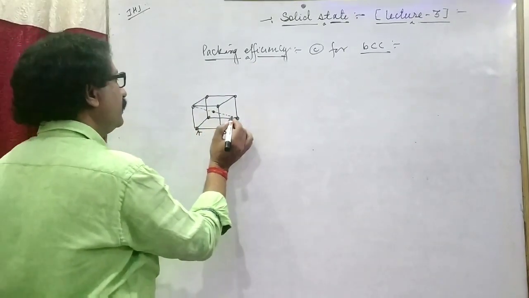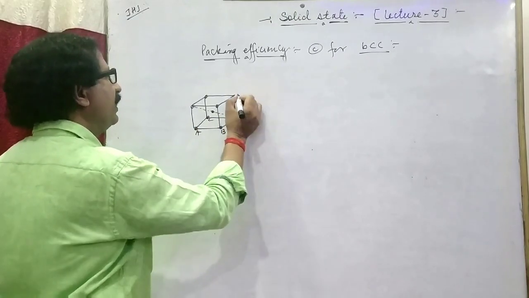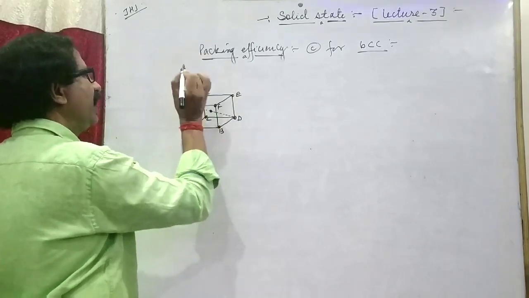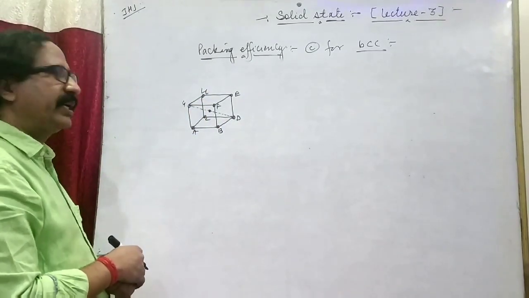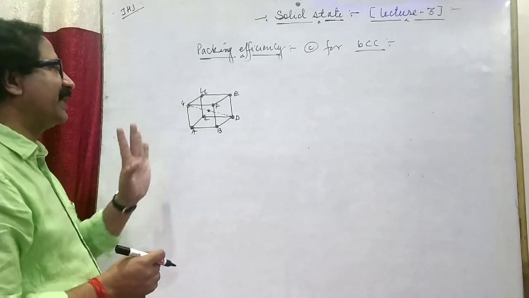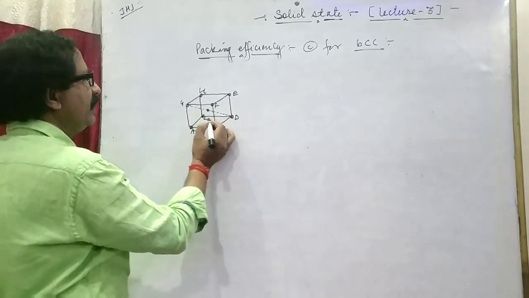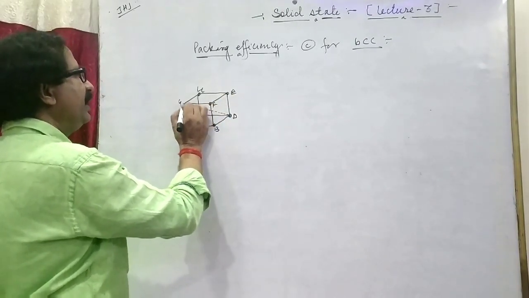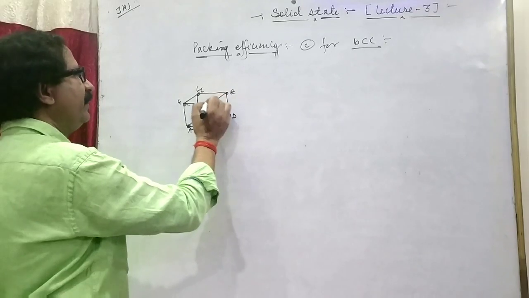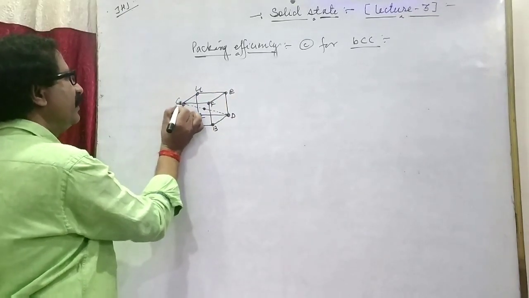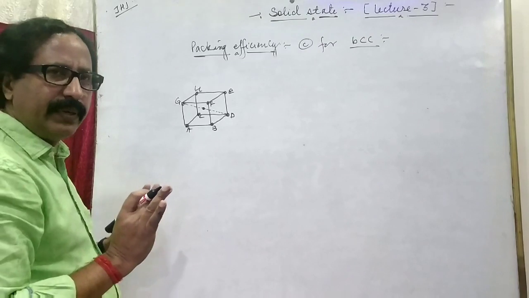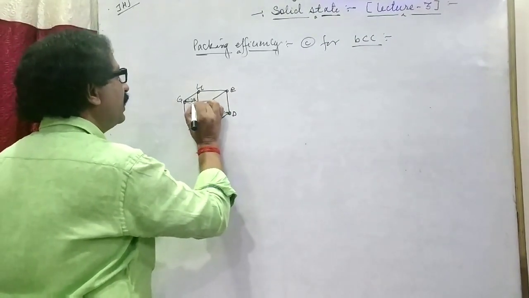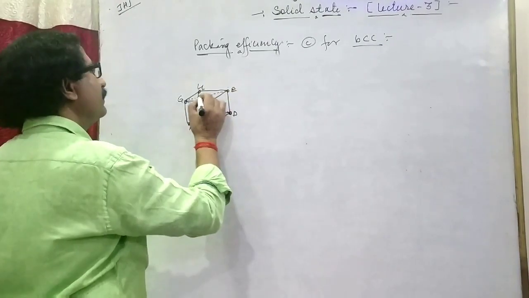A, B, C, D, E, F, G, H. The name is given to each and every corner. A, B, C, D, E, F, and this is the G. Okay? And what is the main logic? Attached to this here.